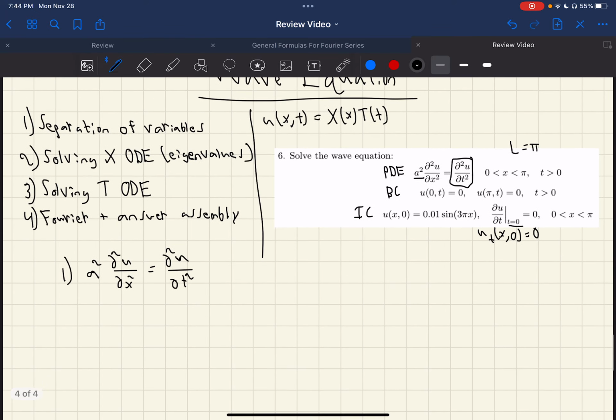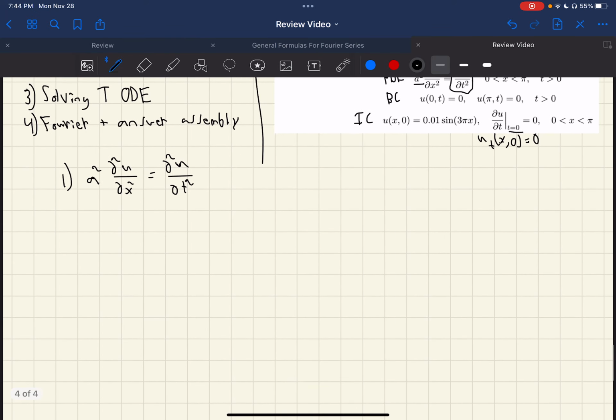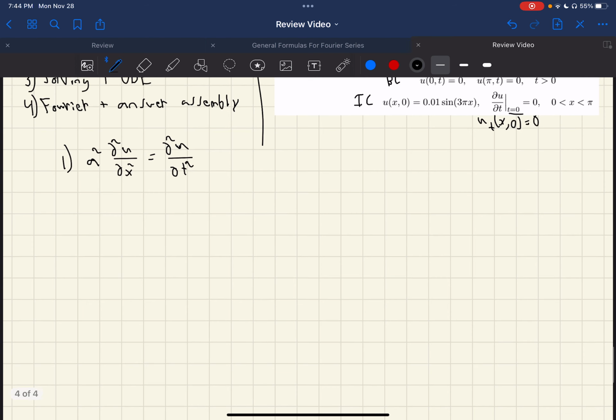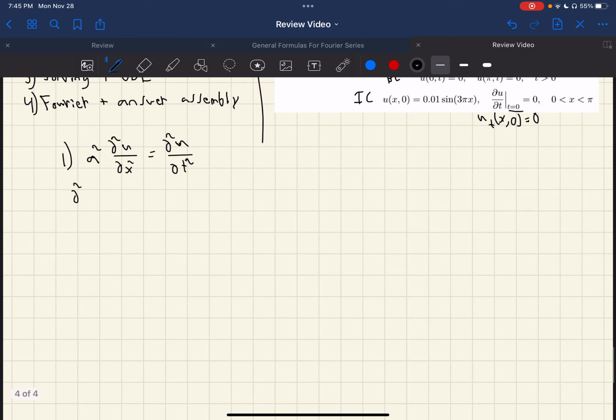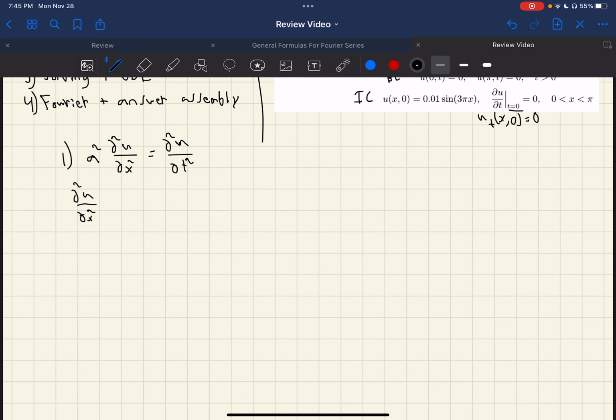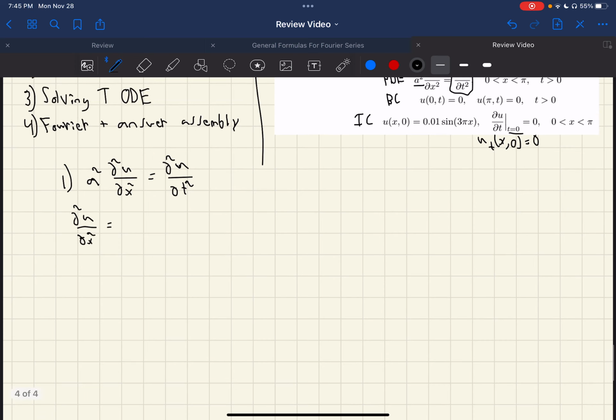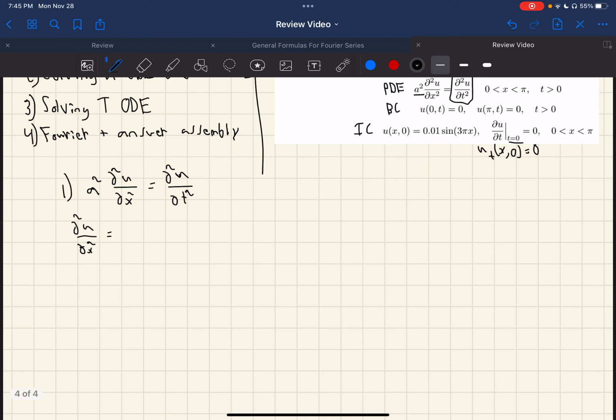So going off of the fact that u is equal to X times T, we can use stuff we learned in MA221 with partial derivatives, where we treat, so in this case we're dealing with x, so any other terms are treated as constants, which leaves us with X double prime of little x times capital T of little t.